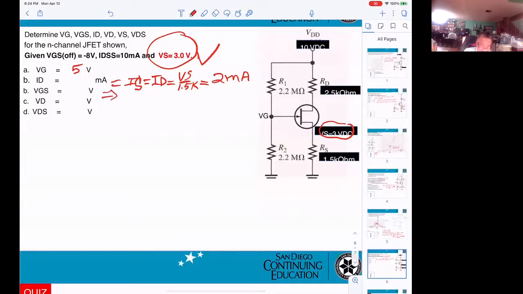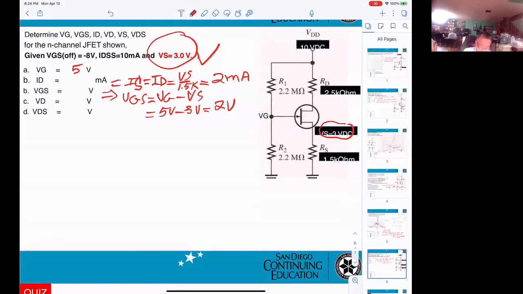VGS equals VG minus VS. That will be 5 volt minus 3 volt, get 2 volt.